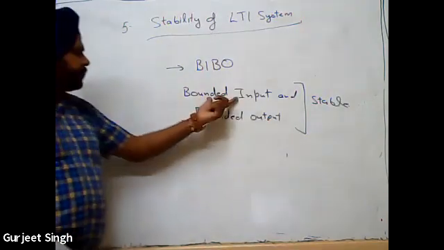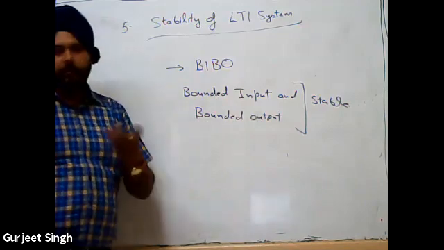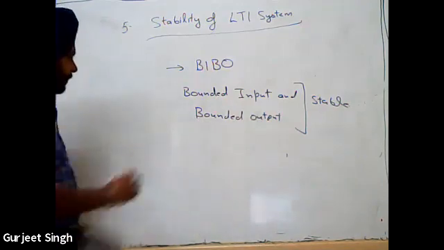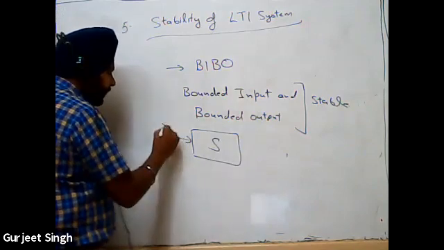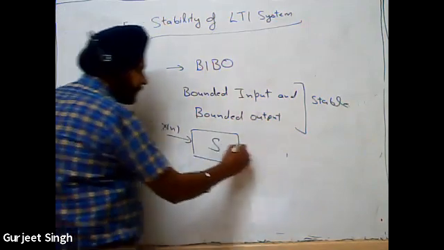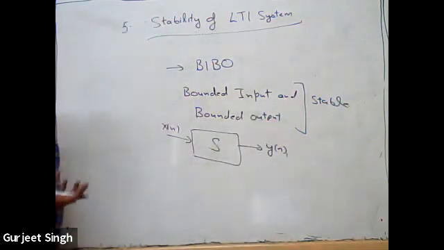Bounded input means we are giving finite inputs. Bounded output means our output is also finite. If I am giving some input x[n] to the system, which is finite, and the output is also a finite value, then this system is the stable system.